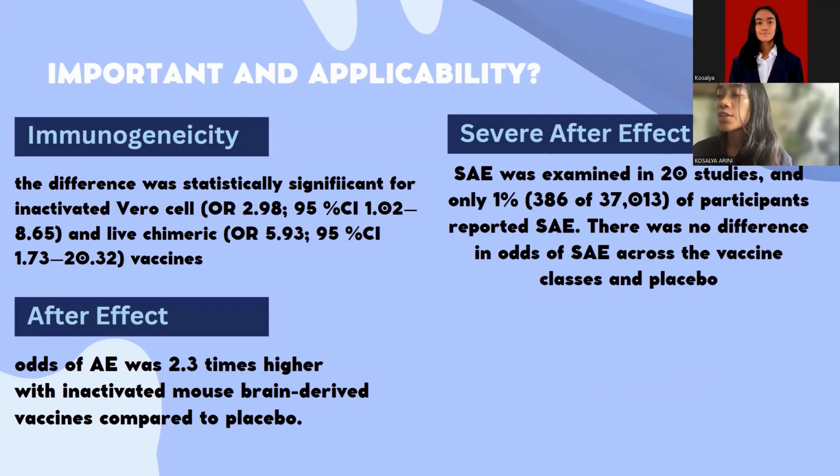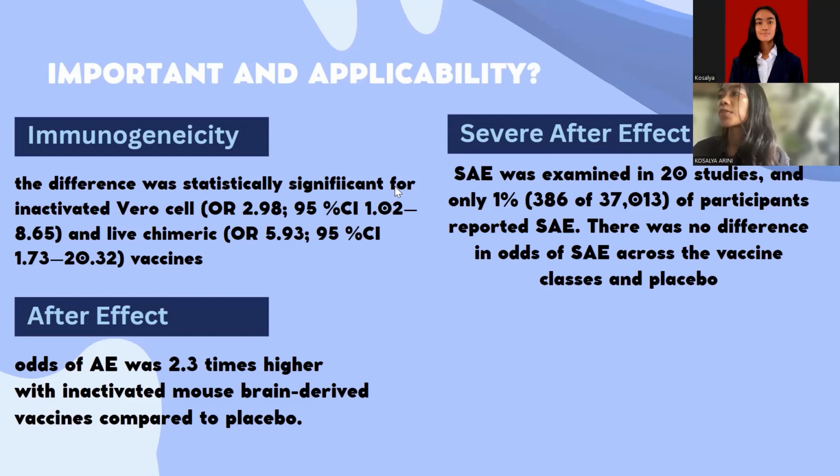The outcomes on immunogenicity say that the difference was statistically significant, and the odds ratio shows 2.98 for the live vaccines, with confidence intervals of 1 to 8.965 for the Vero cell vaccines and 7 to 20.32 for the live vaccines.